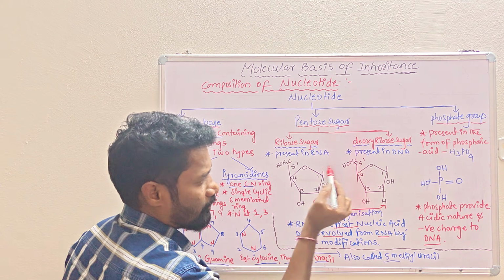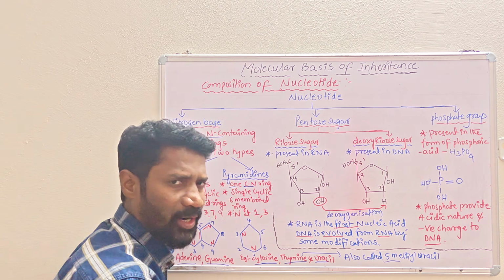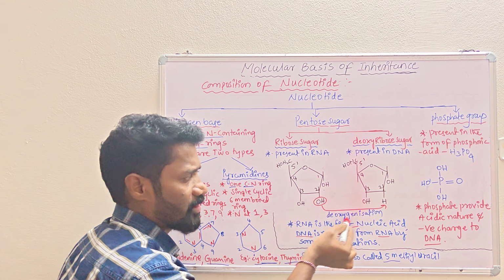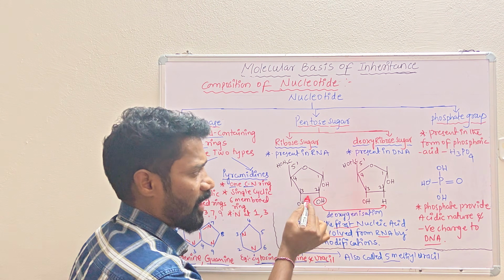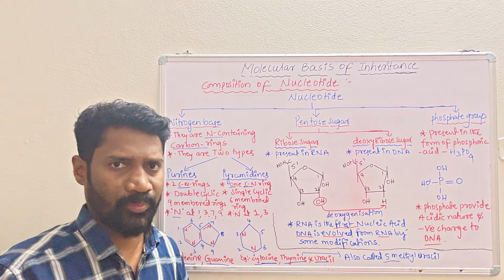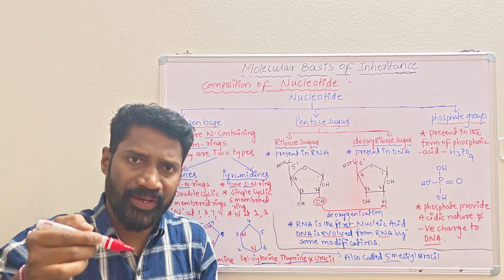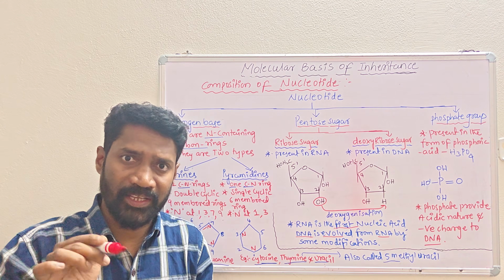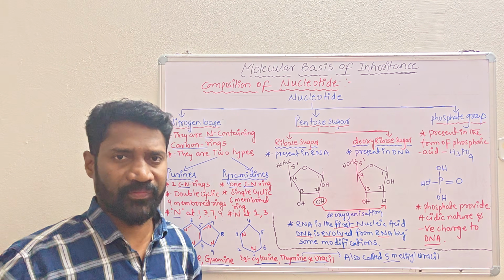What are the modifications? These only. The oxygen is removed from the second carbon. Due to this modification from RNA, DNA developed. RNA is the first nucleic acid. DNA evolved from RNA by some chemical modifications.